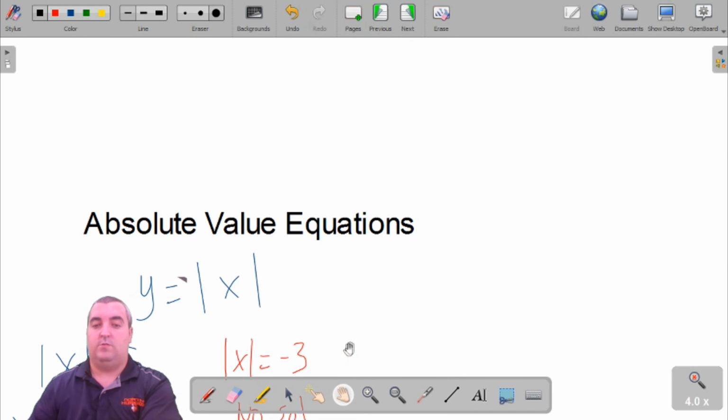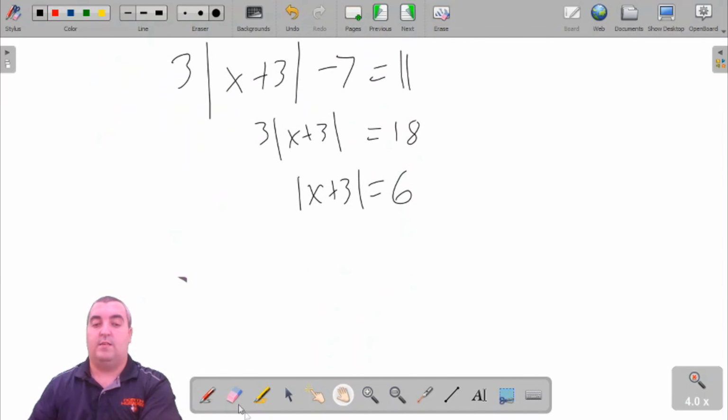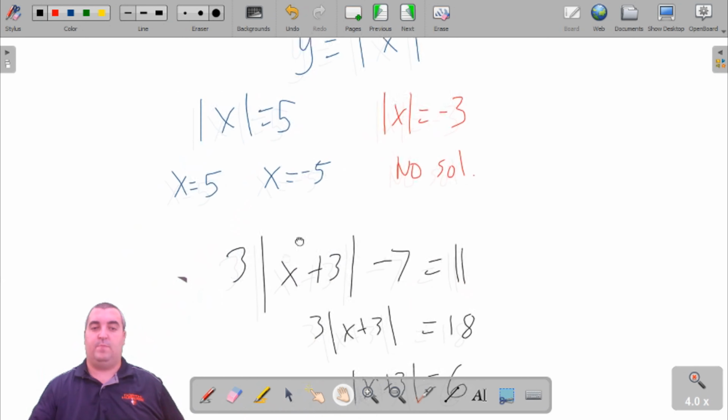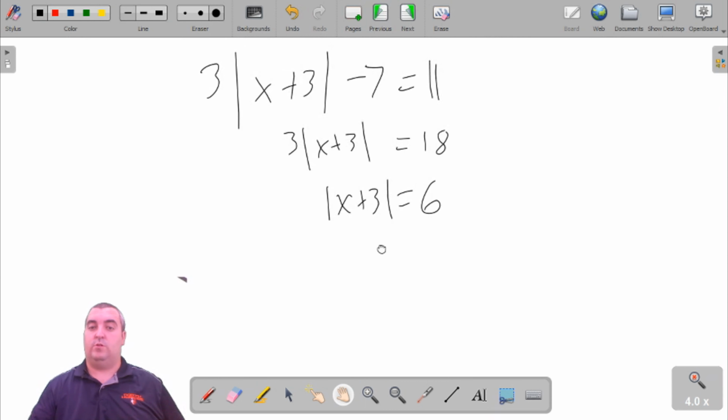All right. So now, this is where the absolute value comes into play. If we think about what we just talked about up here, the absolute value of something could equal the positive of it, or it could equal the negative of it. So we're going to use that same logic right here. Here's the absolute value part.